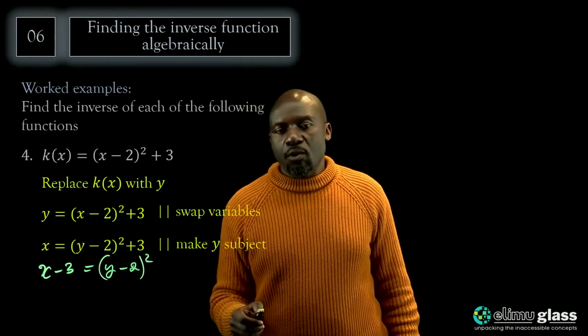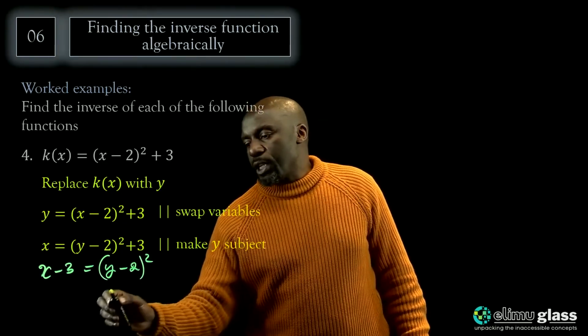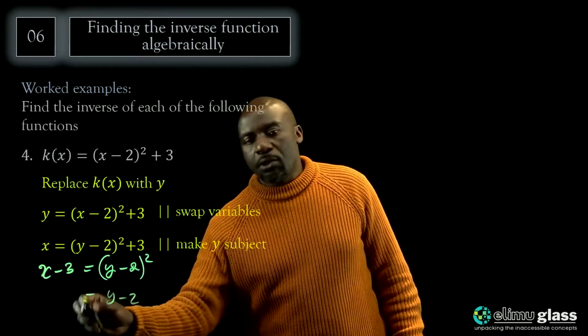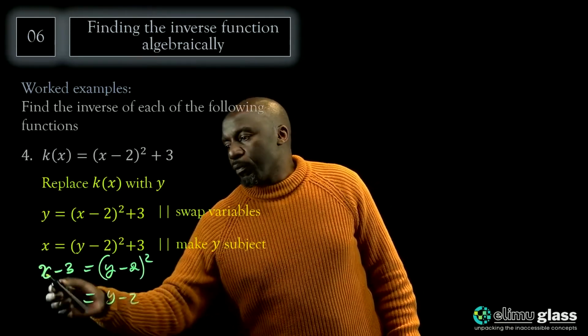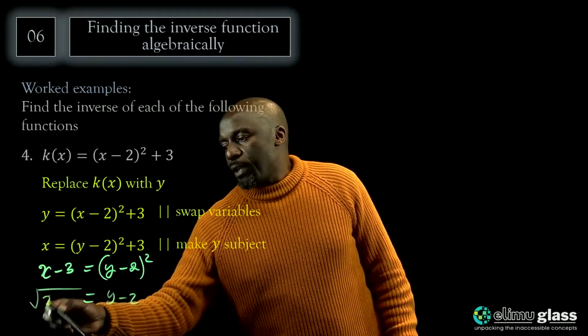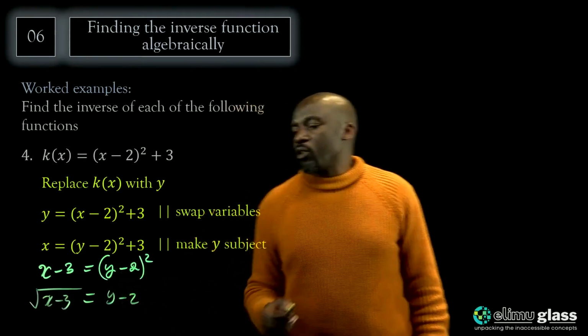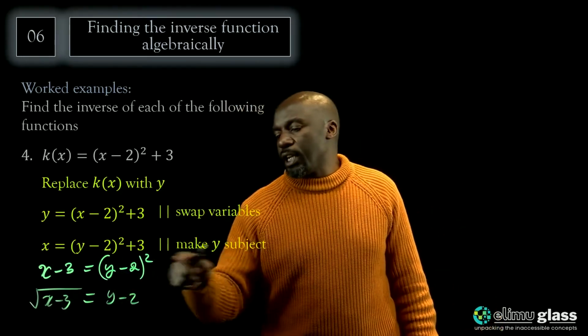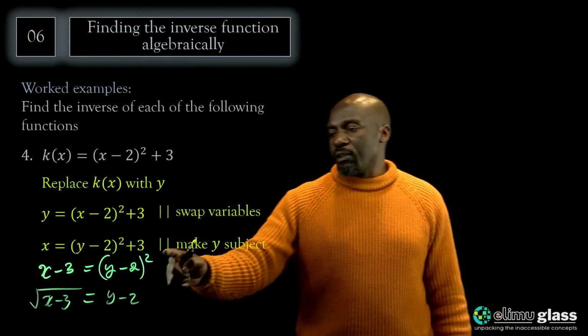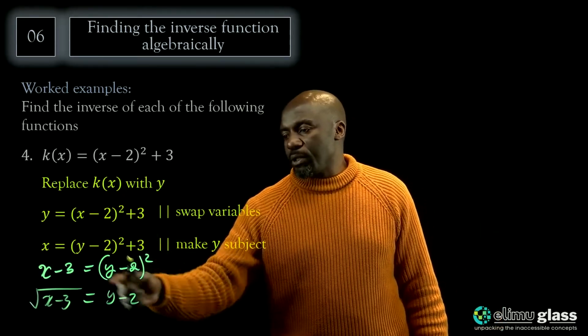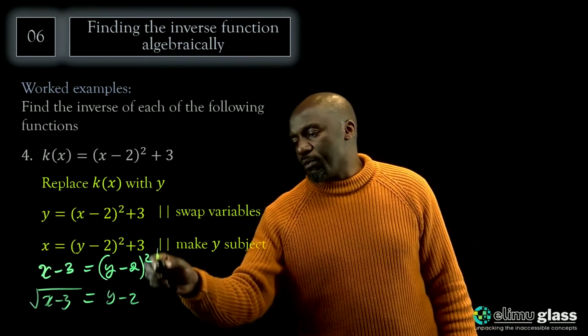Now to get rid of the square, we take the square root of both sides. We have y minus 2 equals the square root of x minus 3. We are taking the square root of both sides in order to get rid of the square. So the inverse of the square is the square root. That's why we have to take the square root of both sides.